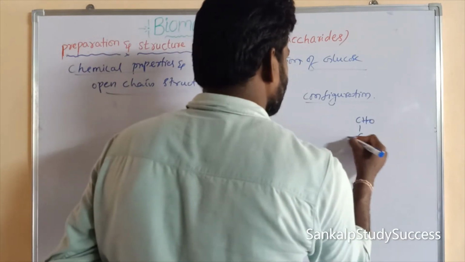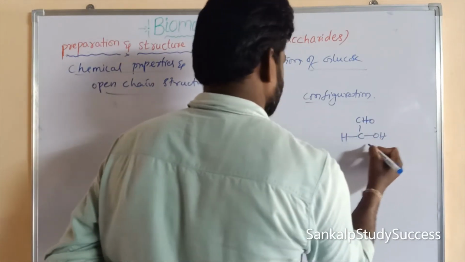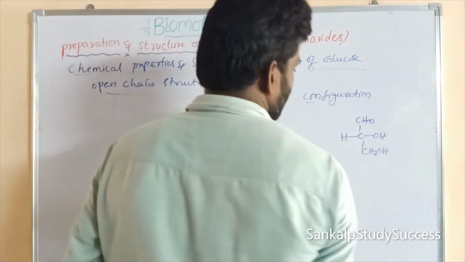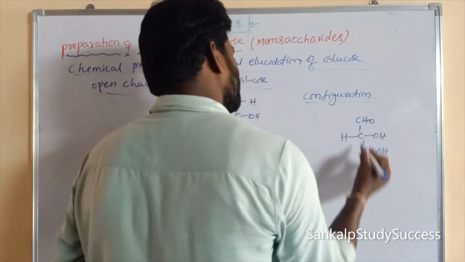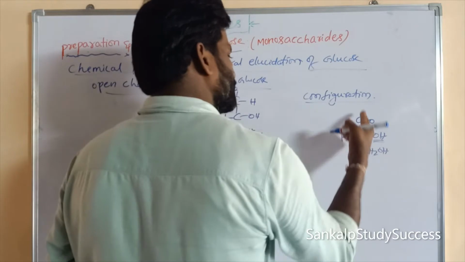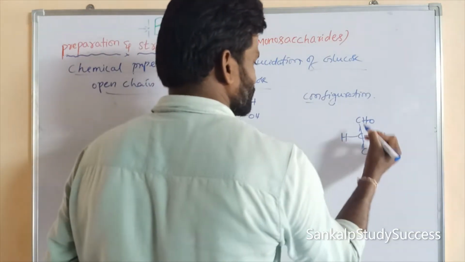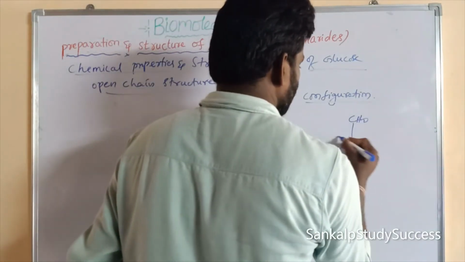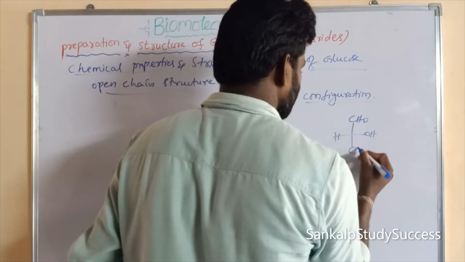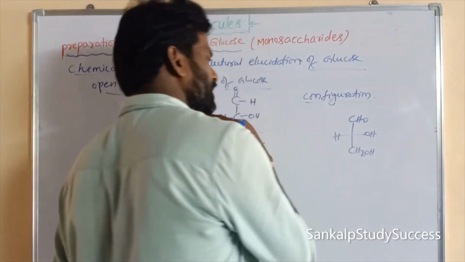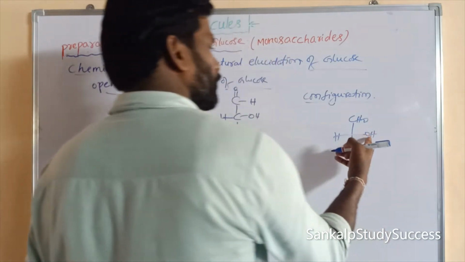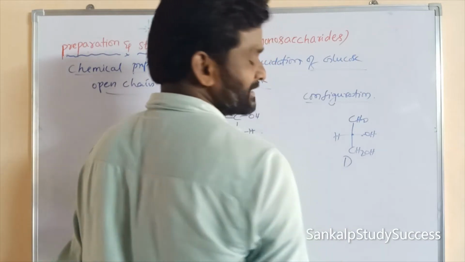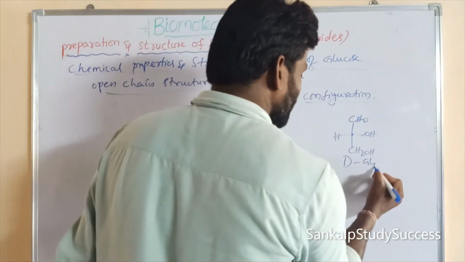So this is glyceraldehyde. Here is the Fischer projection formula: CHO, H, OH, CH2OH. In the Fischer projection formula, if the OH at the asymmetric carbon is present on the right side, that is said to be D-glyceraldehyde.